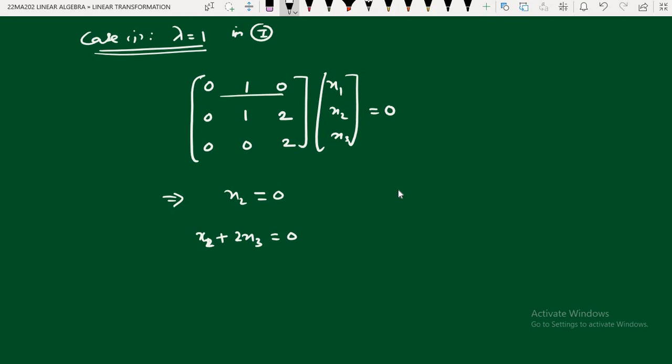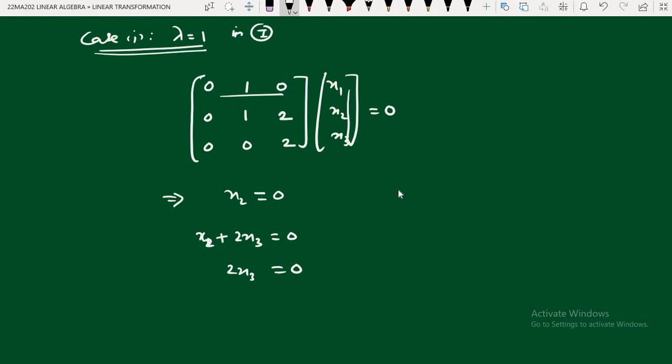Then the last: 0 x1 plus 0 x2 plus 2 x3 equal to 0.